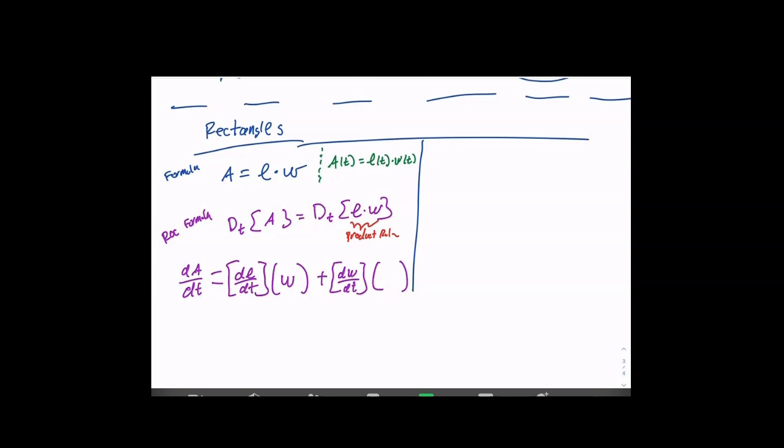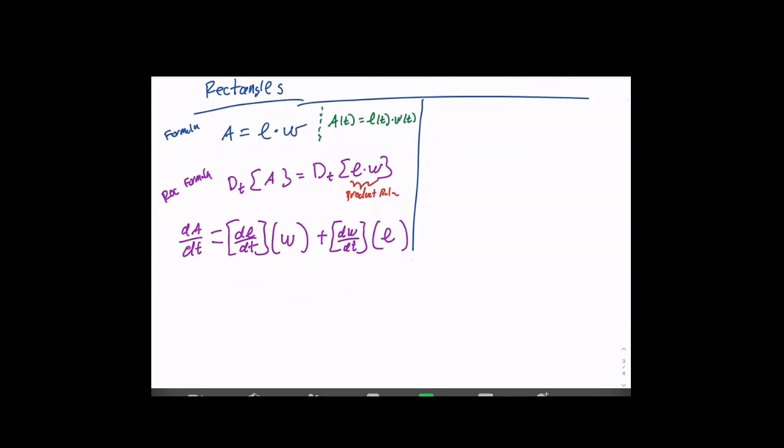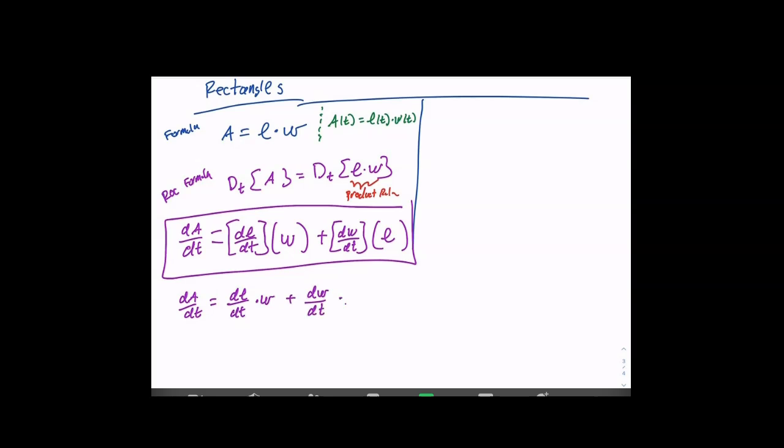Remember, every single time you take a derivative, there better be a dt on the bottom, unless it's a constant, which I'm not covering today. dW/dt times L. So dA/dt equals dL/dt times W plus dW/dt times L.